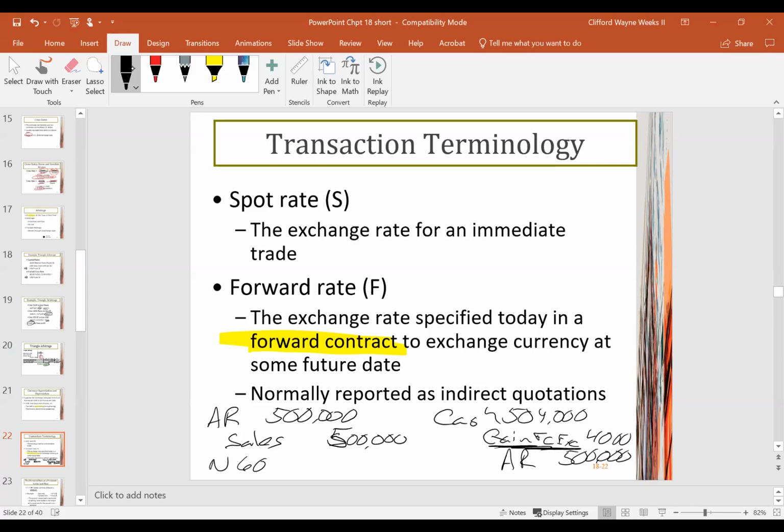Because we may feel that, just like this one went up, it is completely possible that the US dollar could be decreasing, which would mean we wouldn't get our 500. Maybe we only got 498 or something like that. So in order to alleviate that risk, we buy one of these future contracts and basically lock in an exchange rate for 60 days, when we're actually supposed to receive that payment.